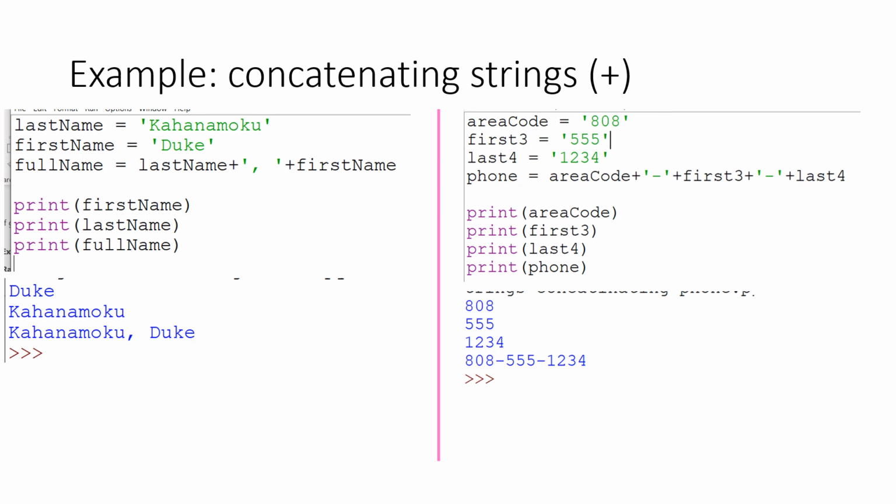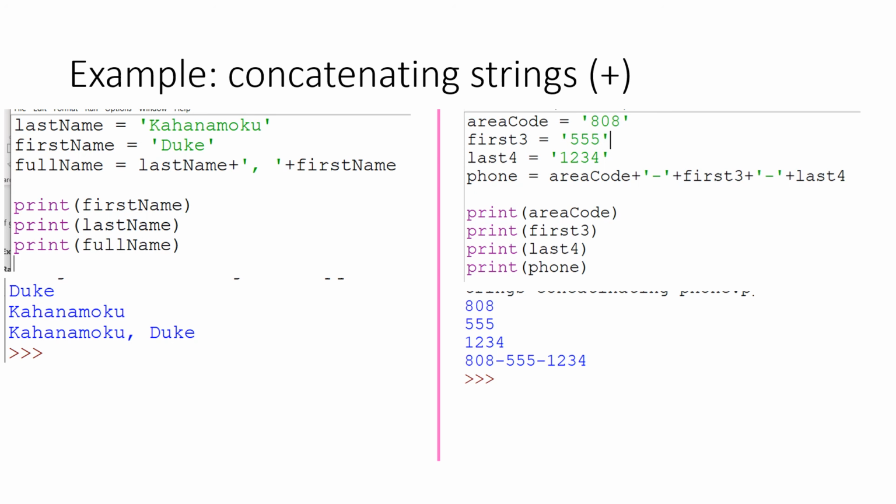Kahanamoku is the last name. And then full name has the Kahanamoku, comma, space, Duke. So this is an example of concatenation that deals with names. You're going to code that, run it, and paste it, and you can do it replacing Duke Kahanamoku with your own personal information, so it's customized to your own.